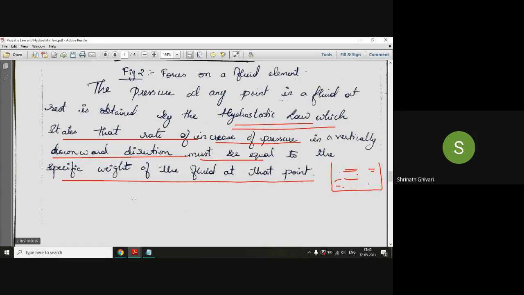What is specific weight? Can anyone tell me the definition of specific weight? We discussed it in the last class, in the properties.